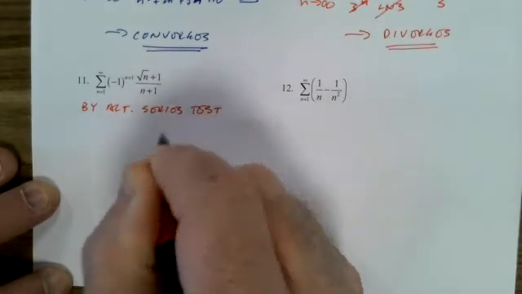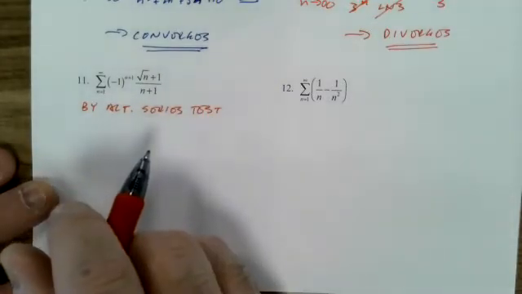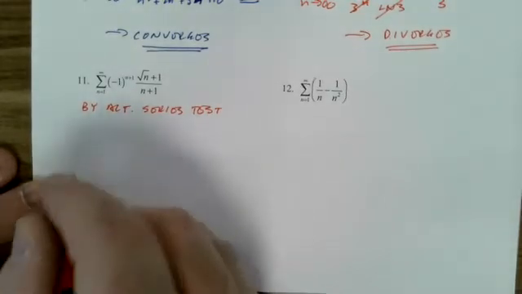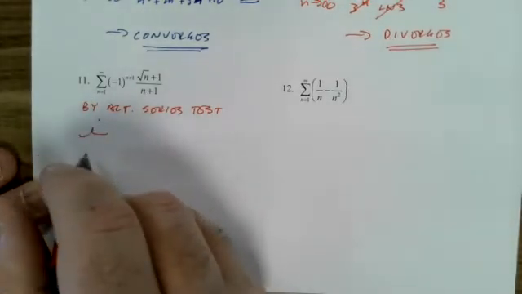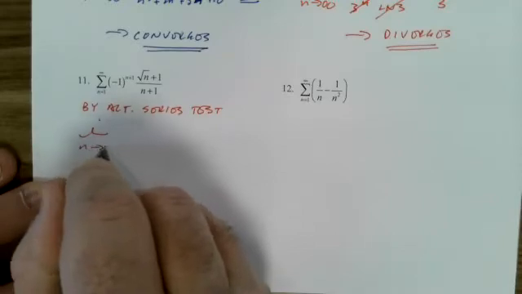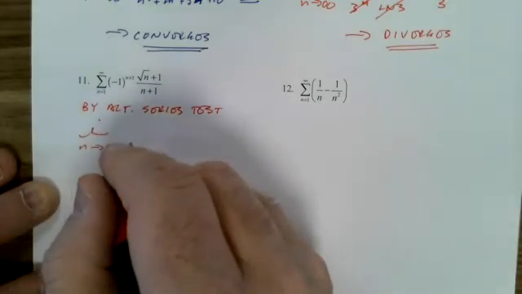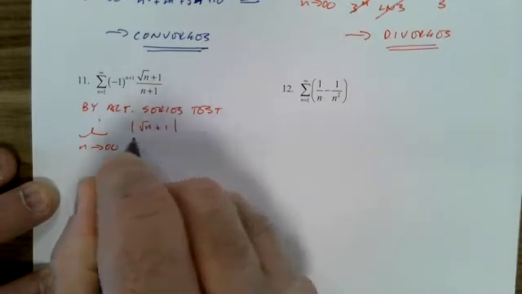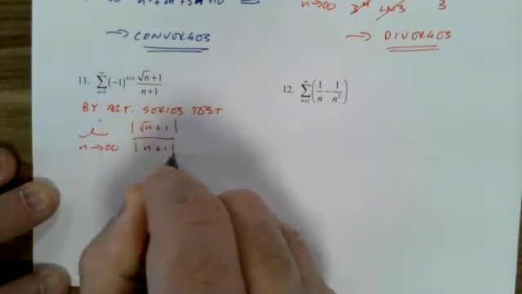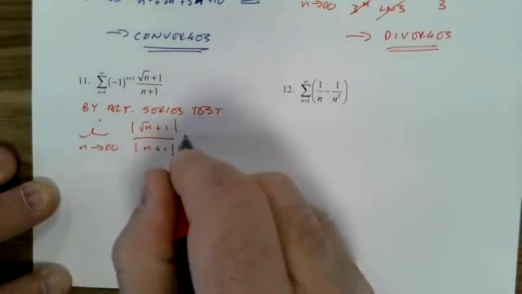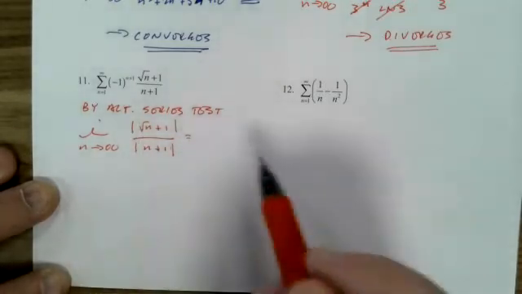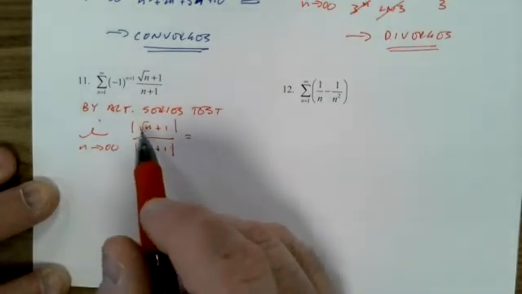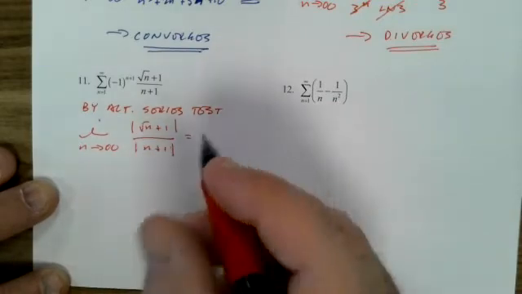So we need to say, what's the limit as we go out to infinity? And I believe we do absolute value. And that's infinity over infinity, and then we take the derivative, 1/2 whole squared and 1.